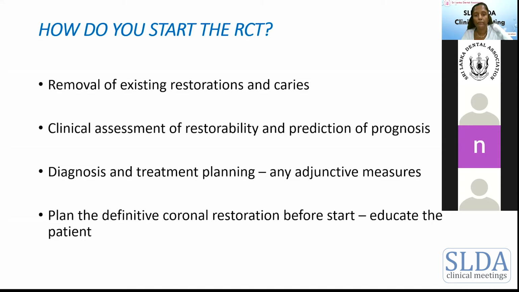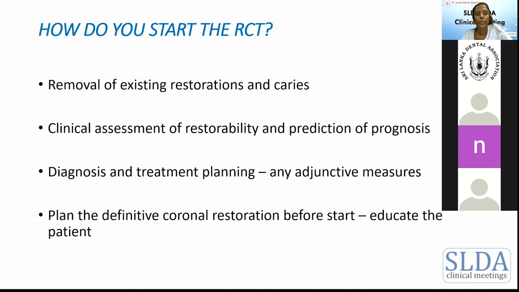Because most of the time, I think most practitioners don't think that much about the definitive coronal restoration at the beginning. And once you complete your obturation only, you sometimes tell your patient that we have to do a crown or whatever.